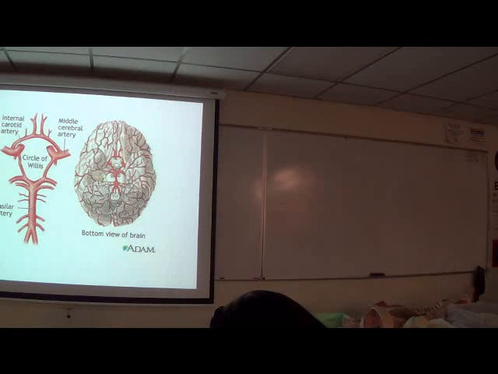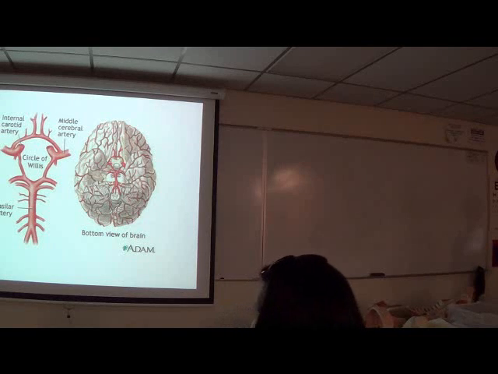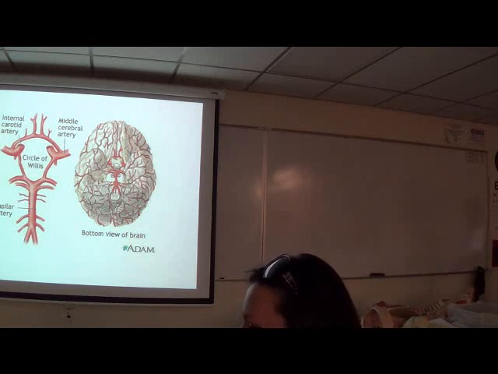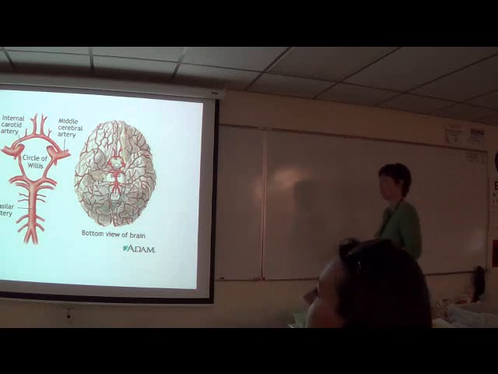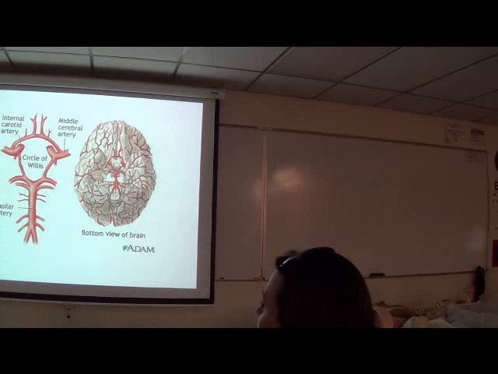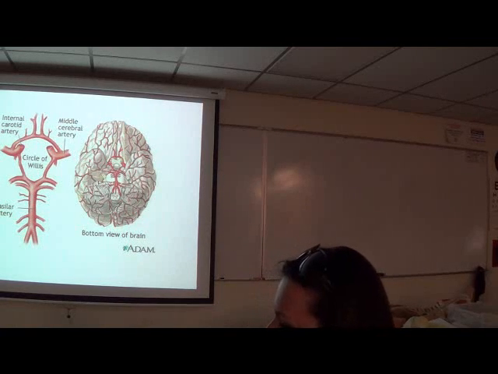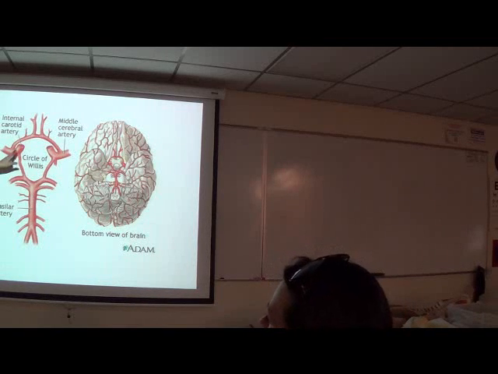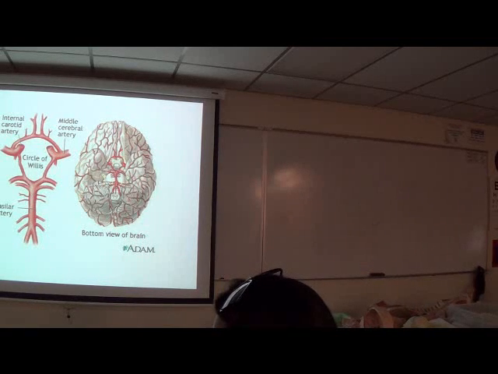The old name for this is circle of Willis. We currently call it the cerebral circuit. And while I have this diagram up here before I start diagramming it, let's say that you have atherosclerosis. You have a lot of fatty plaques building up in the smooth muscle of your arterial wall, and so your right carotid artery is completely blocked off.